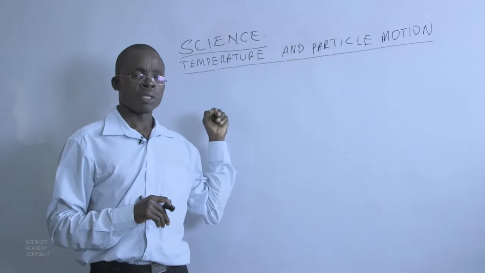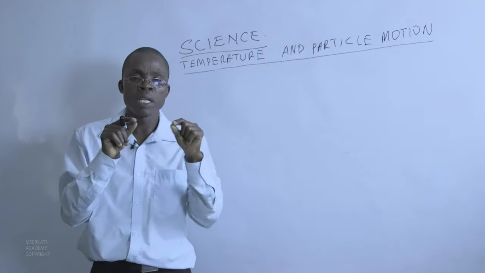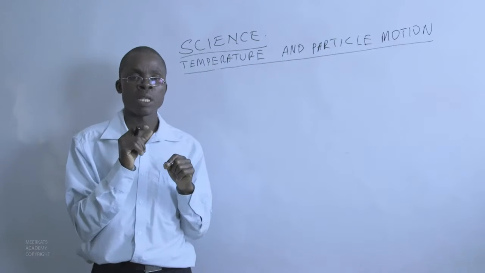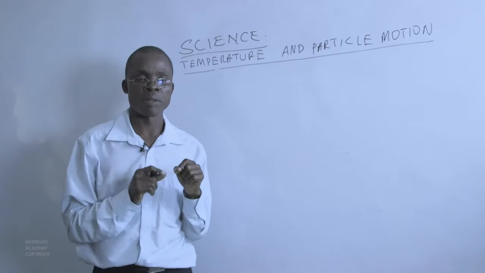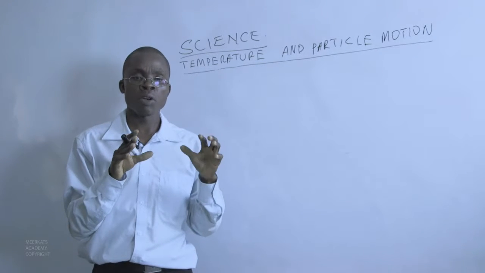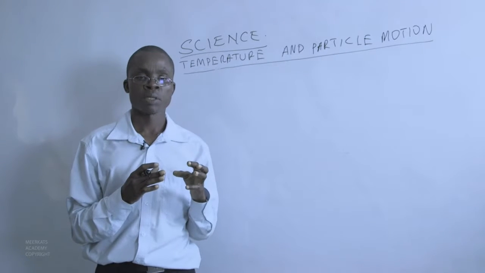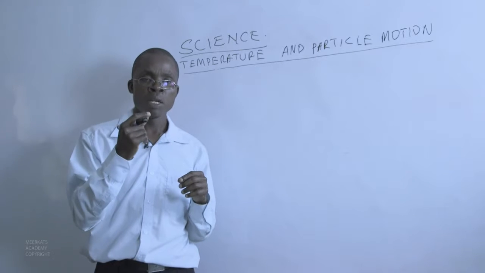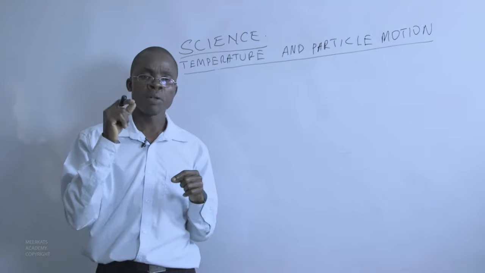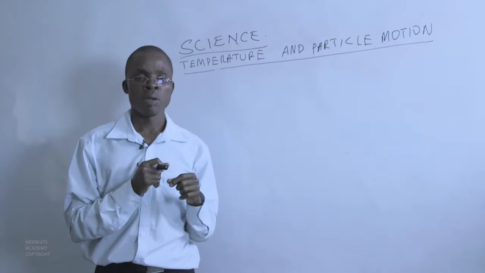All these particles, solids, liquids, and gases, have something in between them, and that is a force that holds the particles together. In the solid state, the force that holds the particles together is much stronger, followed by particles in liquid, and the particles in gases are held much more weakly by the forces.